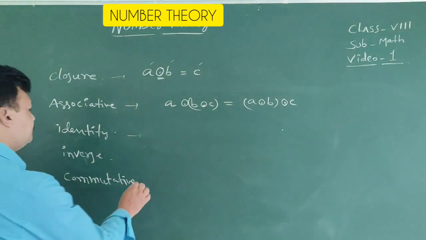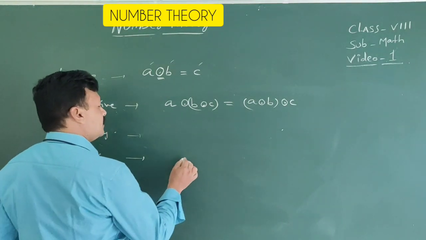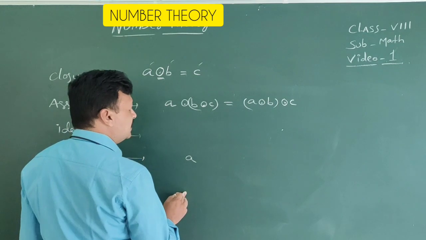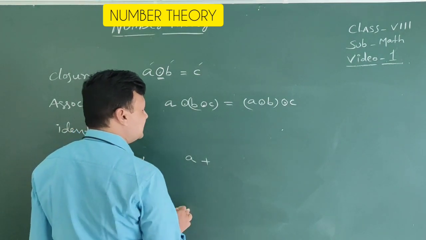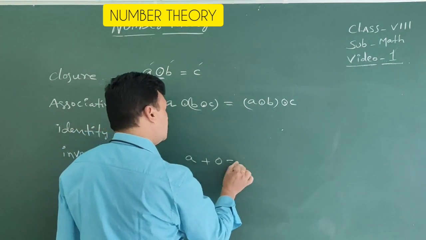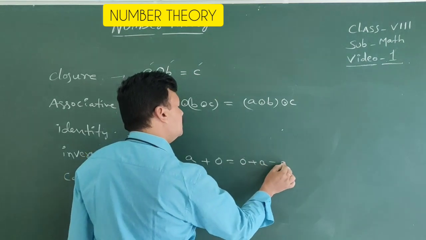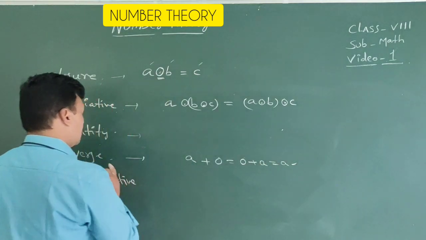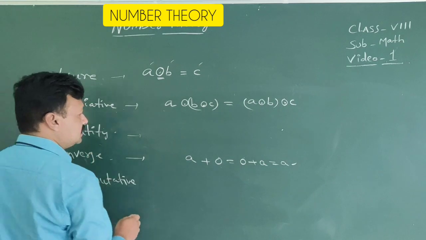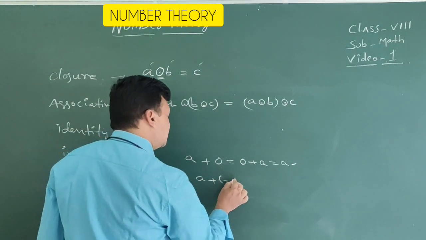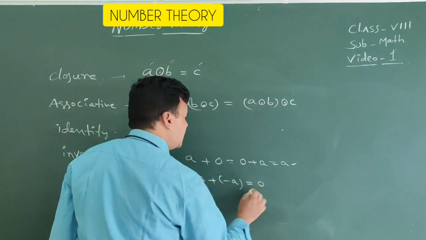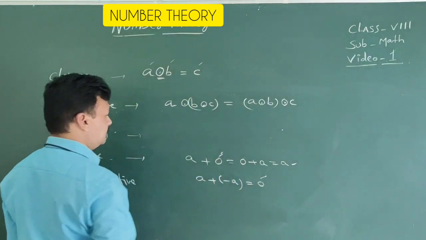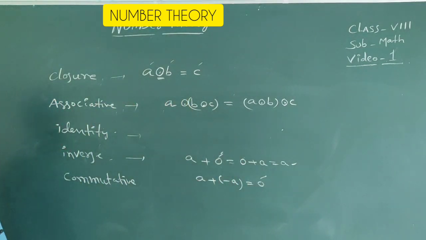Next, inverse. In the case of addition, A plus 0 equals 0 plus A equals A. Now, we only got the result with respect to identity. Now A plus minus A equals 0. Whenever you get the identity, that is called its inverse.